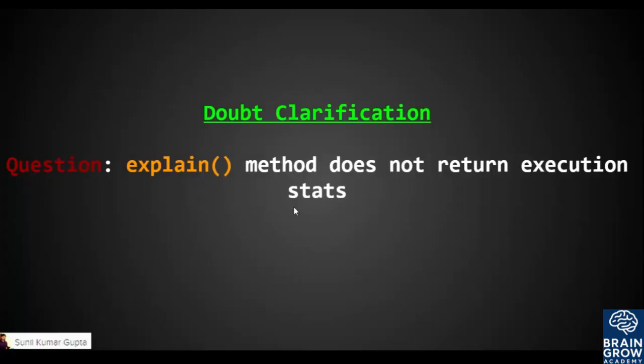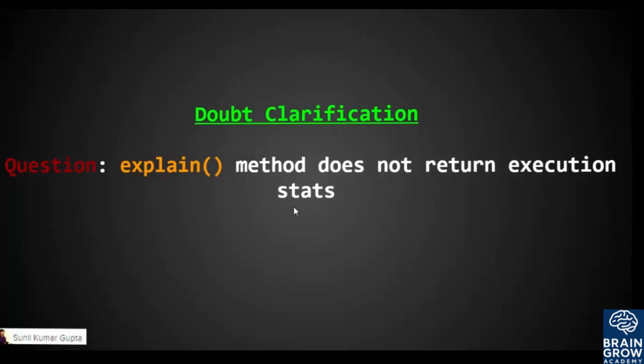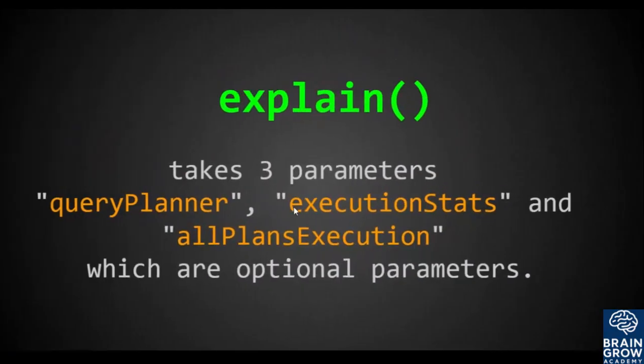So why is this problem happening? That's what we are going to discuss. The explain method takes three parameters: the first one is queryPlanner, then executionStats, and allPlansExecution. These are the three parameters we can pass to the explain method.